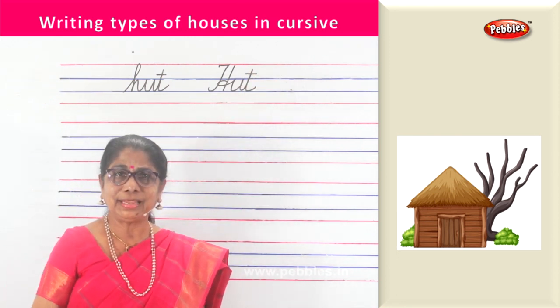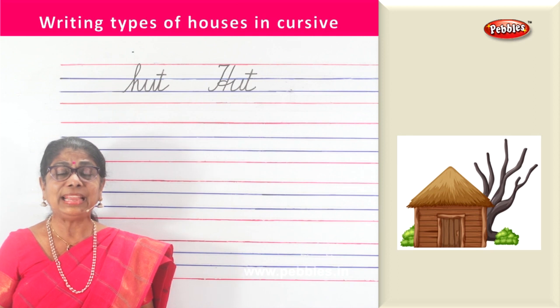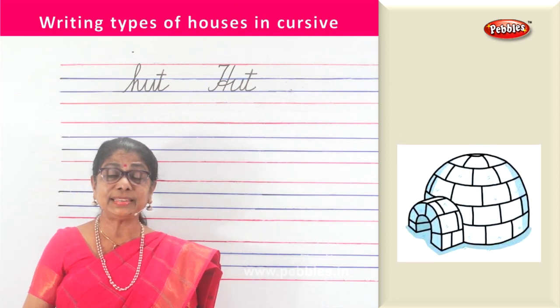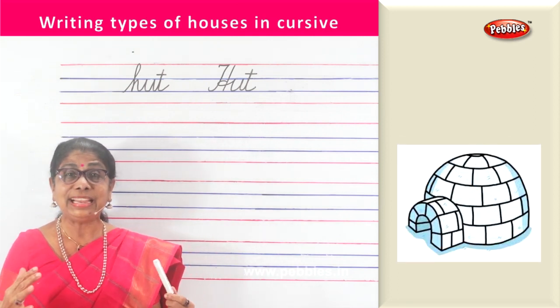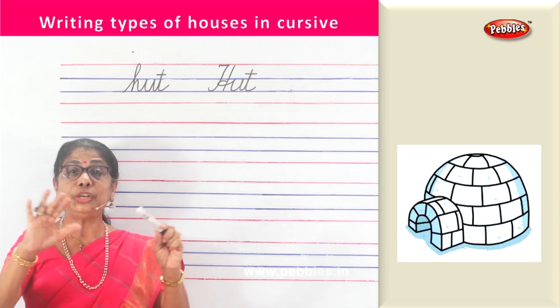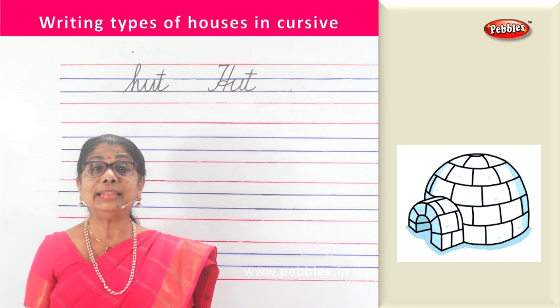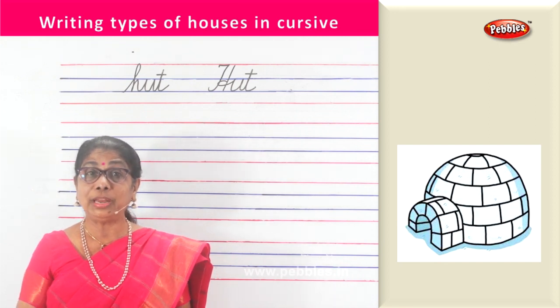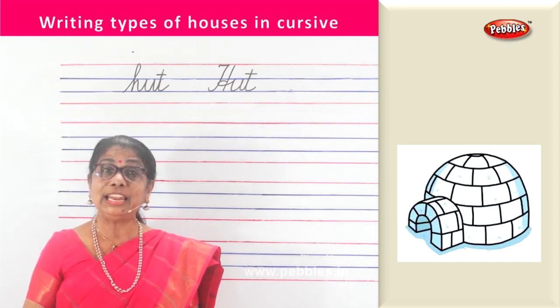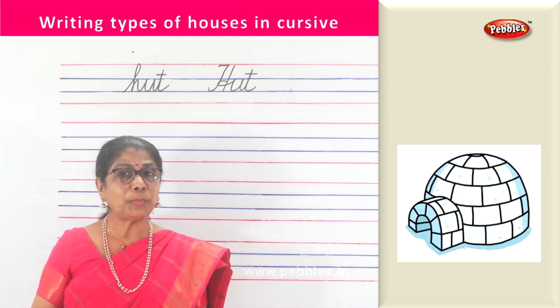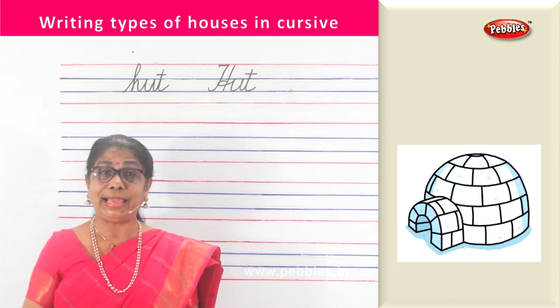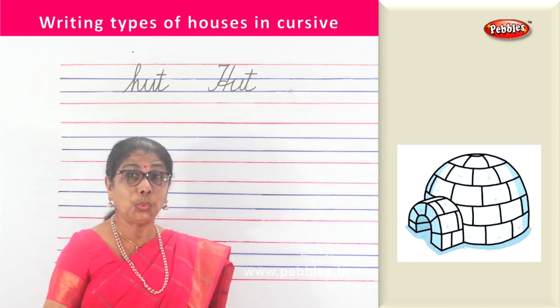Okay. Now, where did the Eskimos live? In the Iceland, they use ice blocks and make a dome-like house called igloo. And the Eskimos who live in the cold places live in an igloo. Spell igloo. I-G-L-O-O. Let's write.